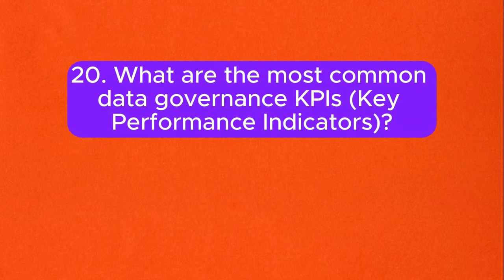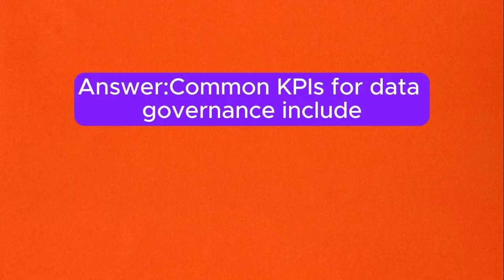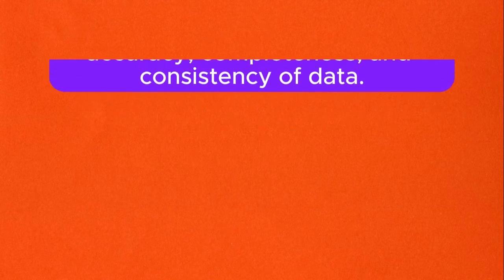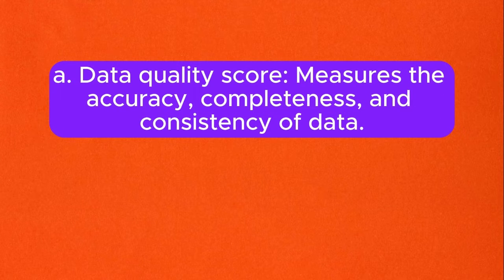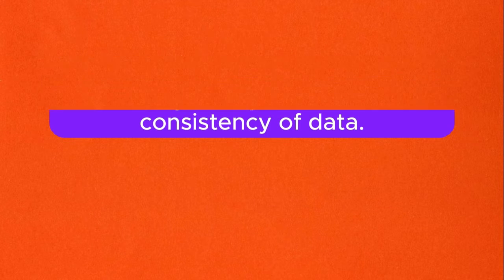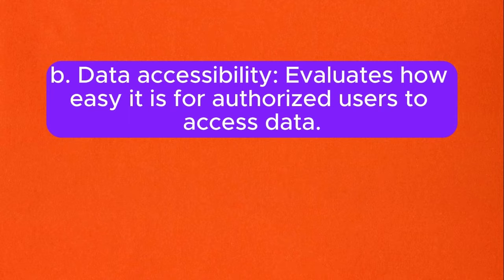20. What are the most common data governance KPIs, key performance indicators? Answer: Common KPIs for data governance include: A. Data quality score measures the accuracy, completeness, and consistency of data. B. Data accessibility evaluates how easy it is for authorized users to access data.